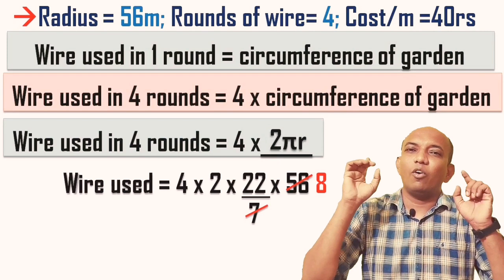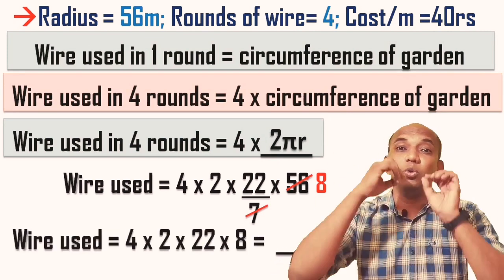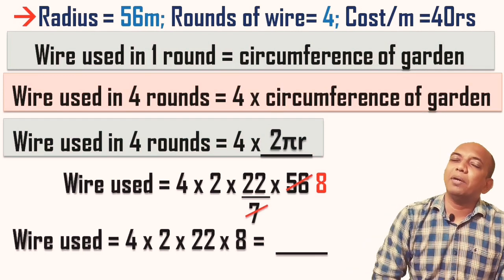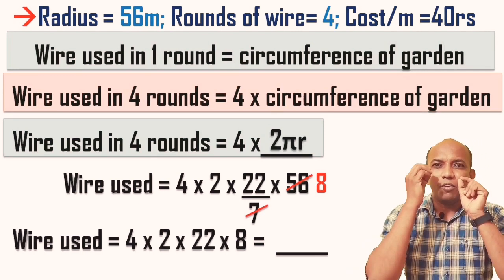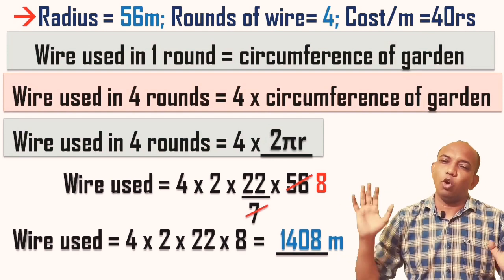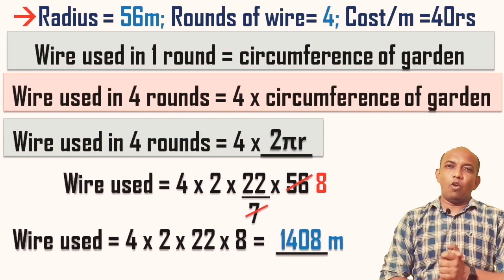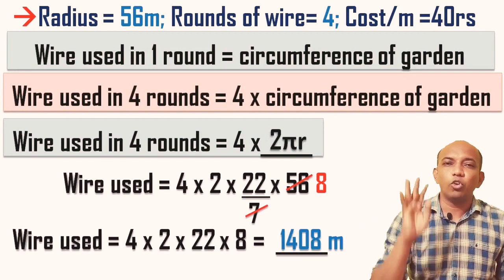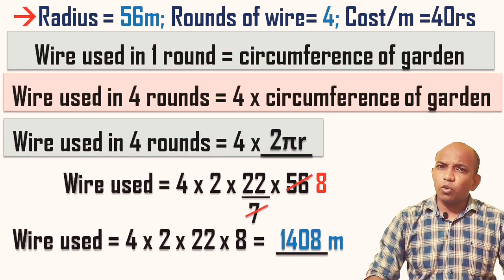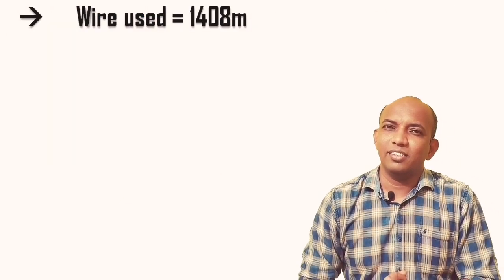And we have wire used equals 4 into 2 into 22 into 8. Once you carry out the multiplication, we get the answer 1408 meter. Okay, so as we have come across the total length of wire utilized in 4 rounds, right? Now we have to find the cost of it, right? So what can be done?